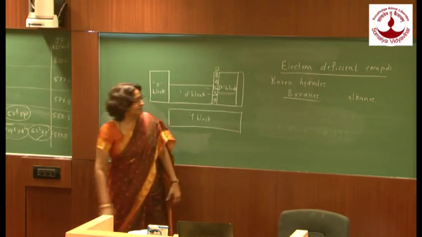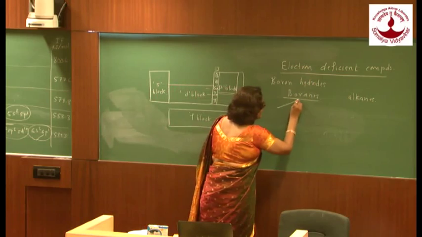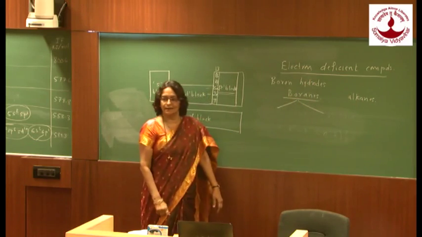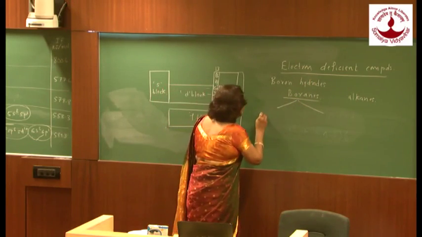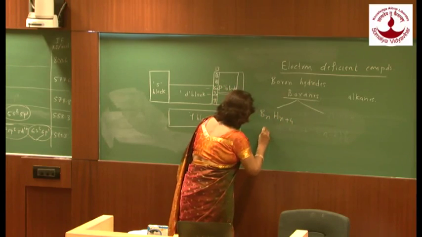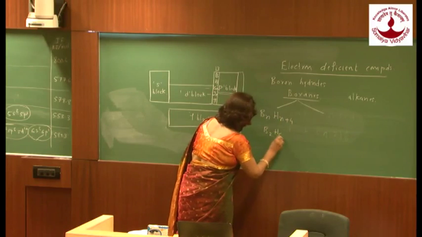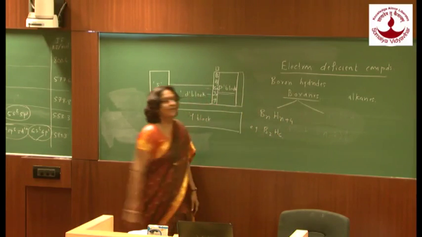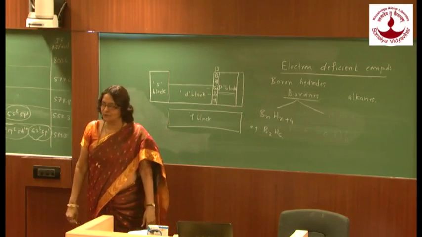Now these boranes can be divided into two classes. One class has the general formula BnHn+4.